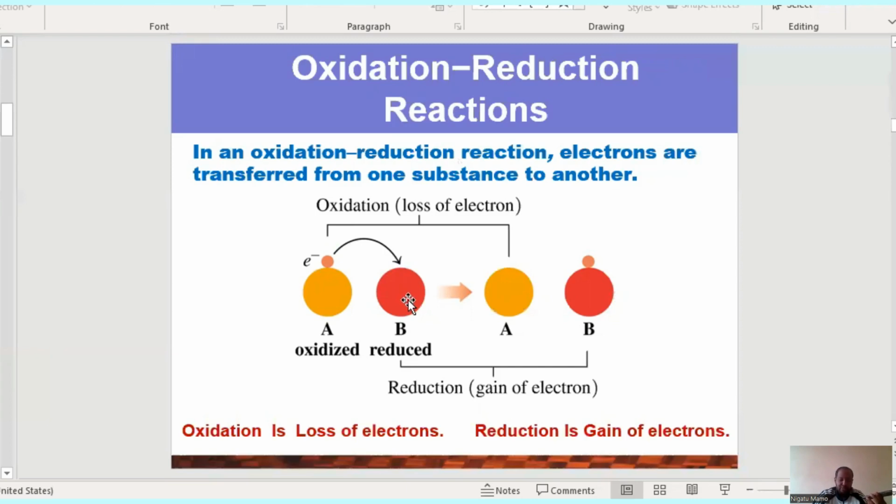Substance B gains, substance A loses an electron. The process of losing an electron is oxidation. The process of gaining electrons is reduction. B gains electrons and changes to B minus, and A changes to A plus. Oxidation means loss of electrons. Reduction is gain of electrons.